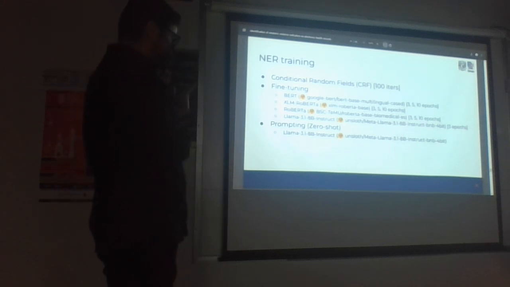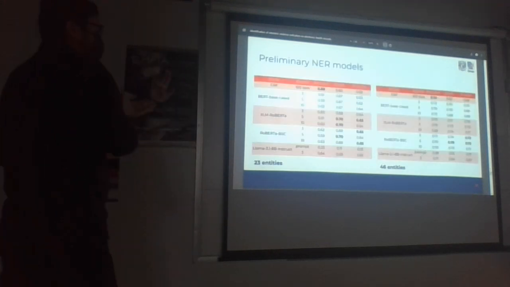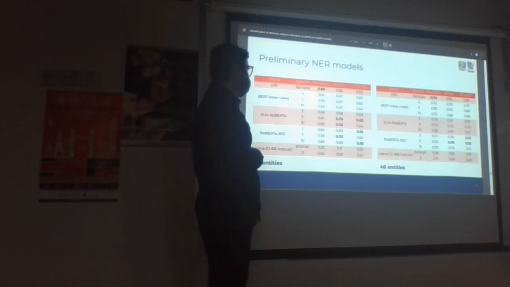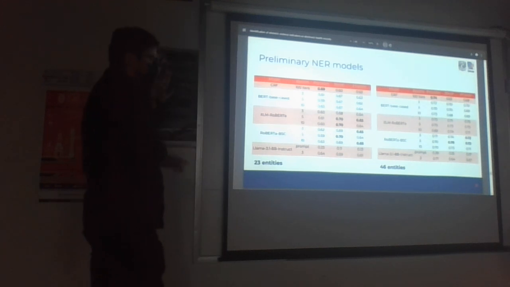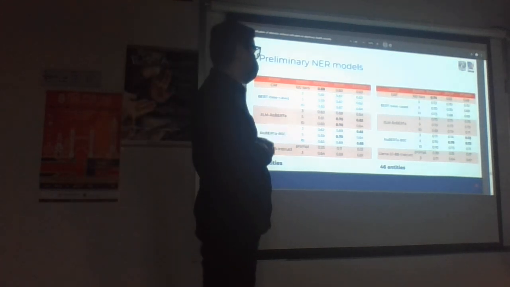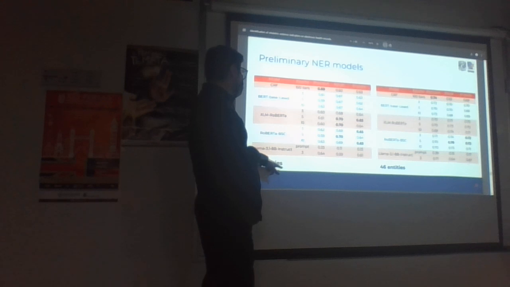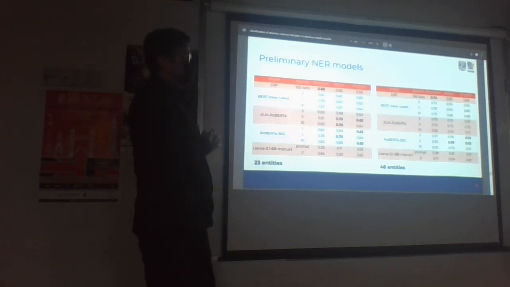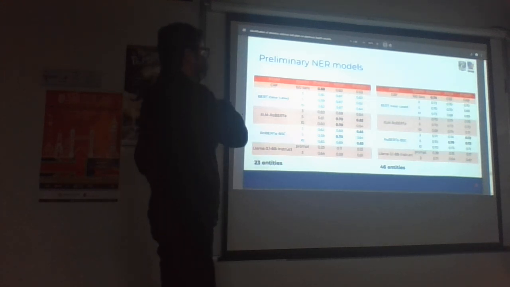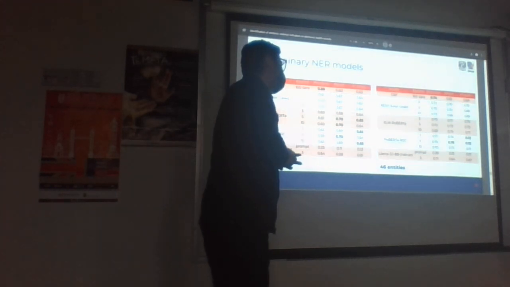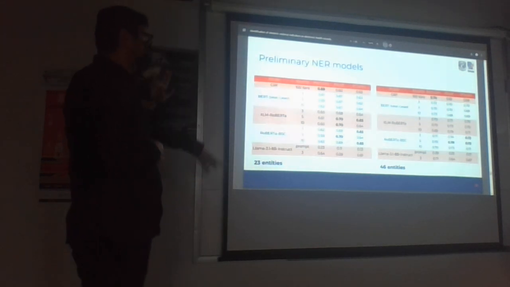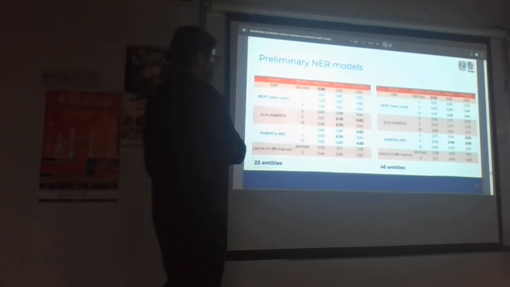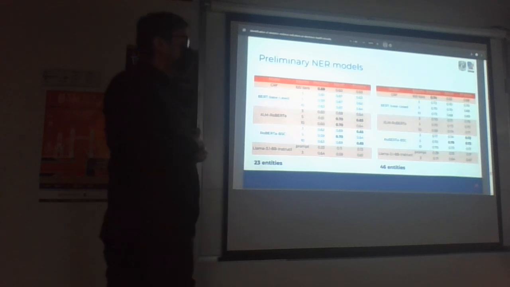And the results: the best model was RoBERTa, actually RoBERTa from the Barcelona Supercomputing models, and XLM-RoBERTa was the best. The 23 entities are using just the 23 entities, like I said before, and 46 entities is according to the IOB scale, because it's 2 times the entities. Next, please.